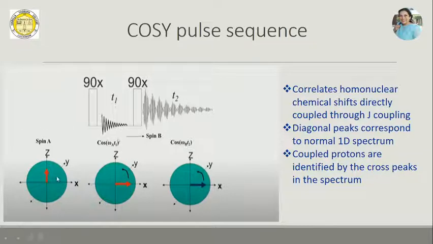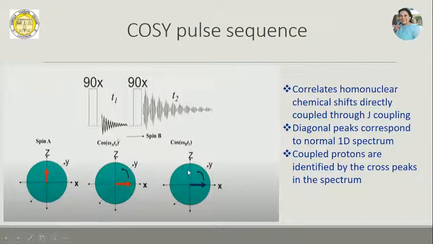So you can see here net magnetization initially along the z-axis, then a 90-degree pulse is given along the xy plane, and you can see that now the net magnetization is along the x-axis. Then the protons relax, and when they relax, net magnetization again comes to the z-axis, and then a second pulse is applied.